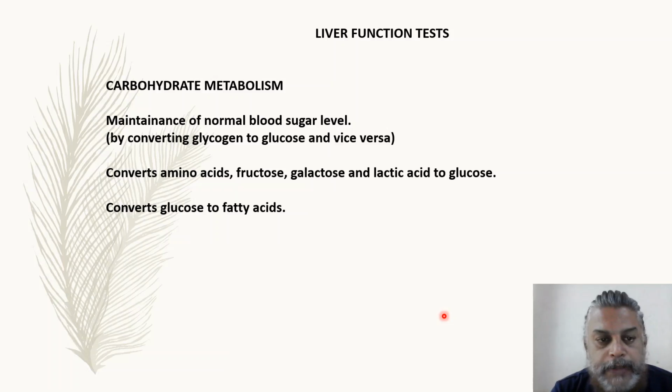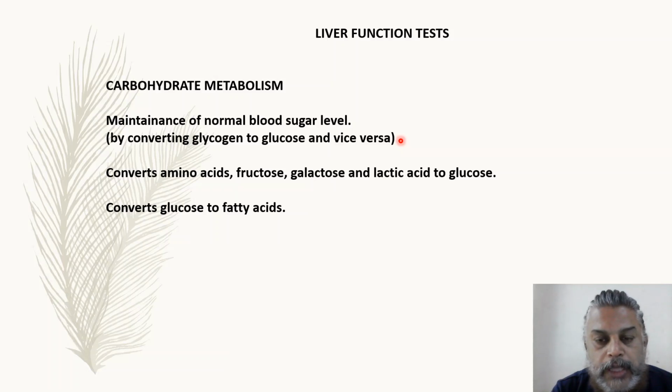For carbohydrate metabolism, it is the major organ which maintains the normal blood sugar by converting glycogen to glucose and vice versa during the fasting state. We know that liver can manage the fasting state for the whole night, and after 10 to 12 hours of fasting, liver glycogen stores are getting emptied.